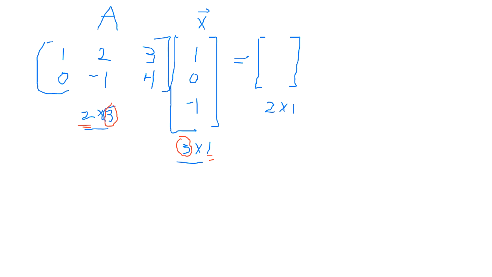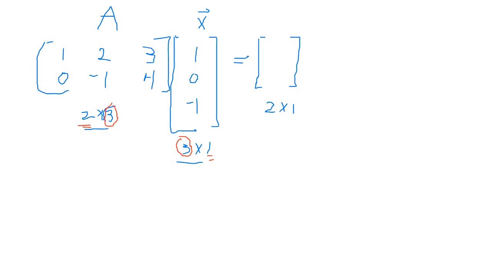It's going to be 1 times 1 plus 2 times 0 plus 3 times -1. When in doubt, I'm going to write it out, right?